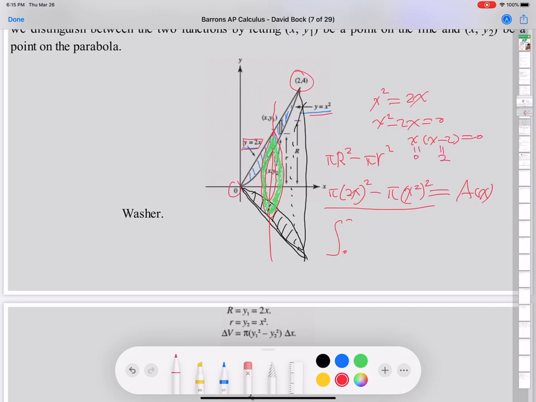So from 0 to 2, pi is the coefficient, then (2x) squared is 4x squared minus x to the fourth power, dx. So pi is still the coefficient, and the integral of 4x squared is 4 over 3 x cubed, minus the integral of x to the fourth, 1 over 5 x to the fifth, from 0 to 2.